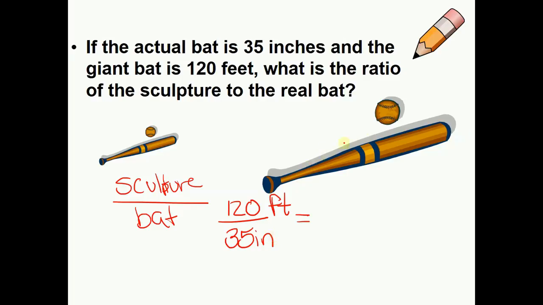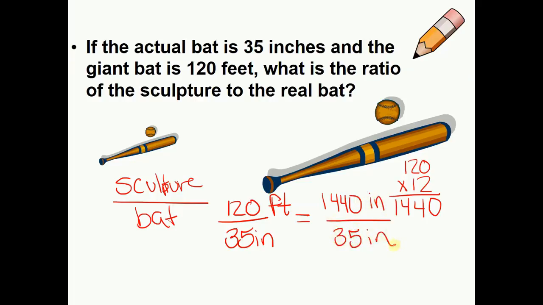If I have 120 feet, and each one has 12 inches inside of it, all I need to do is 120 times 12, which is 1,440. So technically what I have is 1,440 inches over 35 inches.